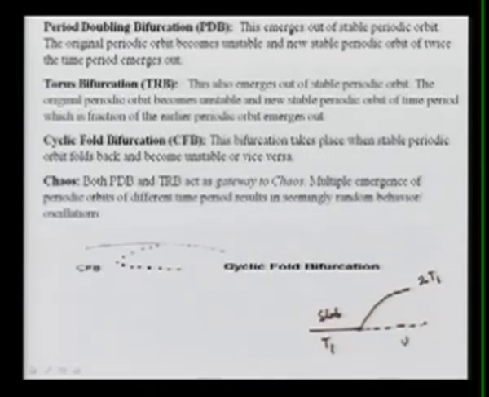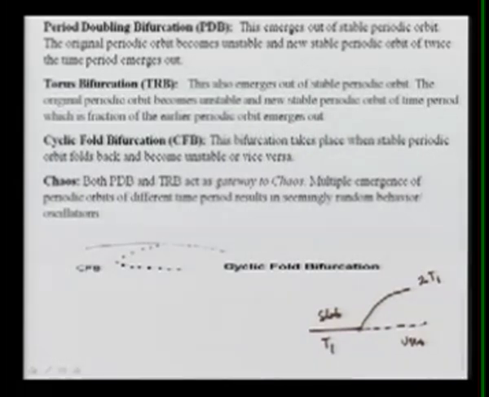So it is unstable, and another emerges out, that is twice the period of this T1, and that is stable. Then it is called the period doubling bifurcation. So the new stable periodic orbit of twice the time period is emerging. So this is called period doubling here.